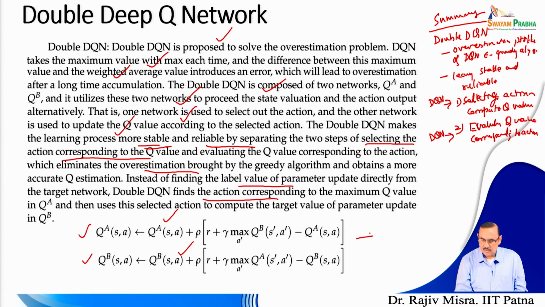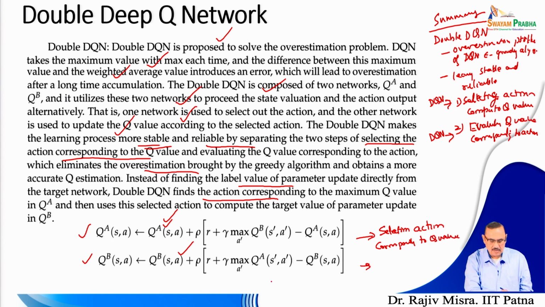This particular Q network will be used for selecting an action, like here, corresponding to a particular Q value, whereas the other network, the other DQN, will evaluate the Q value corresponding to the action.